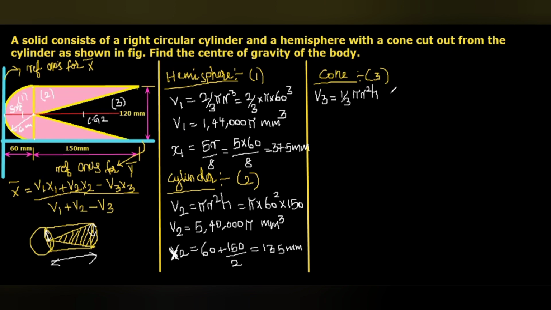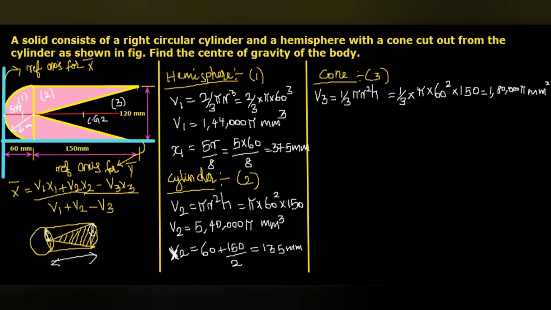So now substitute the values. 1 by 3 pi radius 60 square, vertical height here, but it is horizontal 150. So we know that we will get 1/3 of the volume of the cylinder here. By simplification, we will get V3, that is 1,80,000 pi, 1,80,000 in terms of pi mm cube.